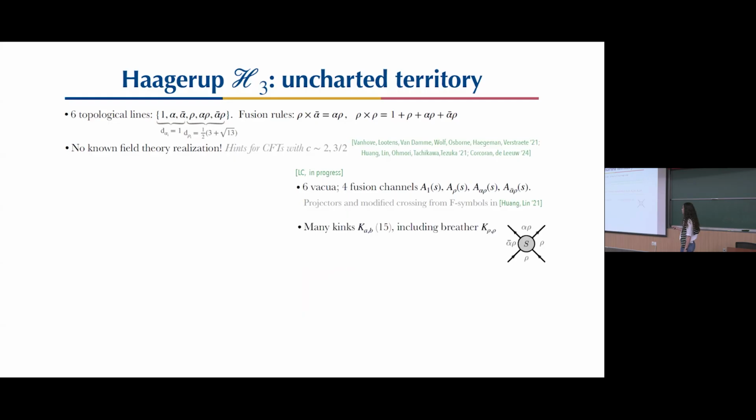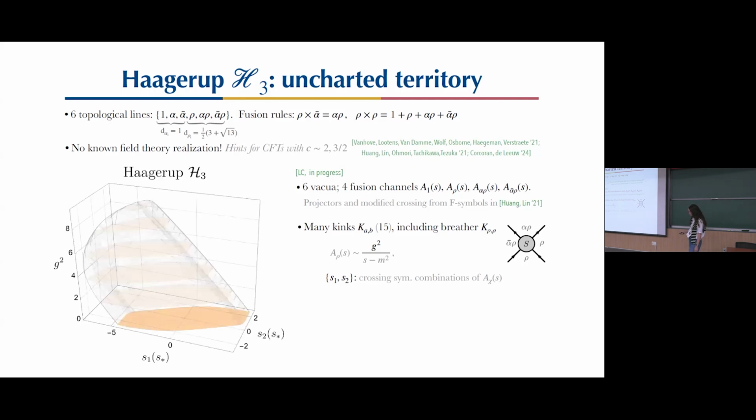So by now you know how it works. I input 6 vacua. You have 4 fusion channels here from this fusion rule. Then there are many kinks you can write down, including a breather, as in Fibonacci. So the parameters I bound are, again, this cubic coupling and 2 crossing symmetric combinations of the partial amplitudes.